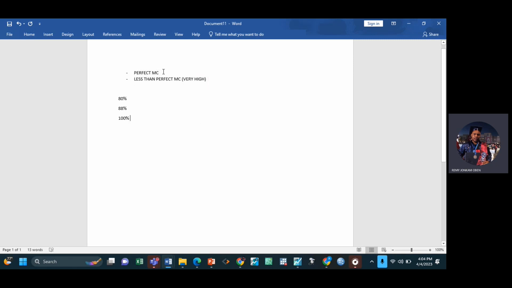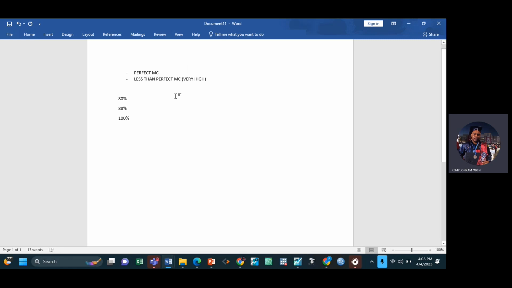Now, with perfect collinearity, E-views is not going to estimate it, I can assure you. If you have two variables which are perfectly correlated and you try to do the estimation, E-views will give you an error. It cannot estimate it. But if you have less than perfect but very high correlation, E-views will estimate it, but your standard errors will be wrong.